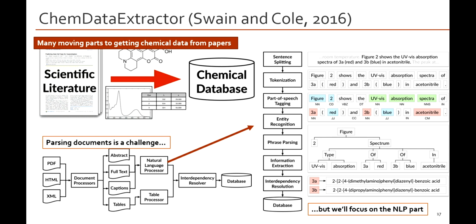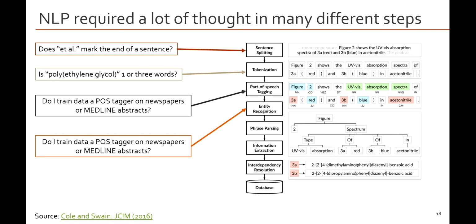And even within natural language processing, there are many different steps that have to go on in order to turn that bit of text into a simple designation of, like, label 3A in this paper corresponds to a certain chemical. And each of those different spots has a lot of challenges.